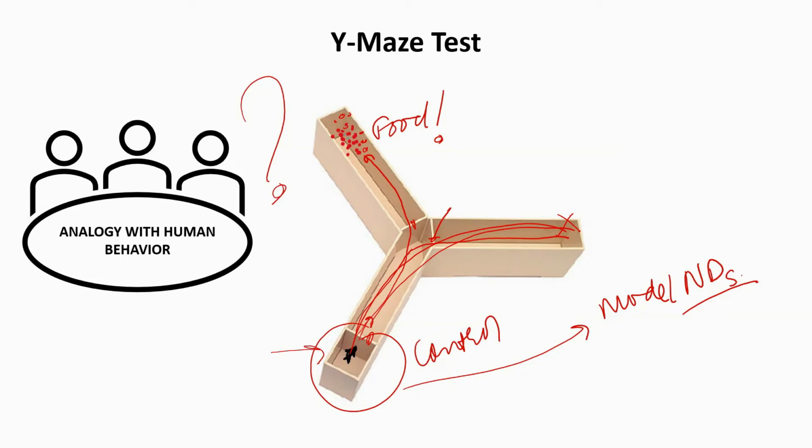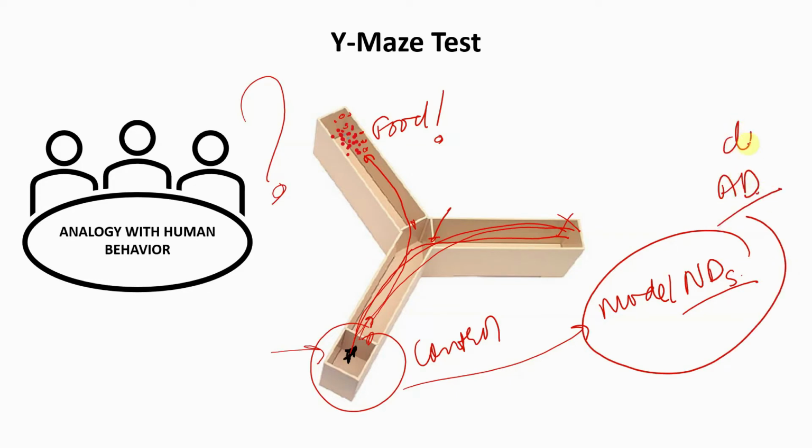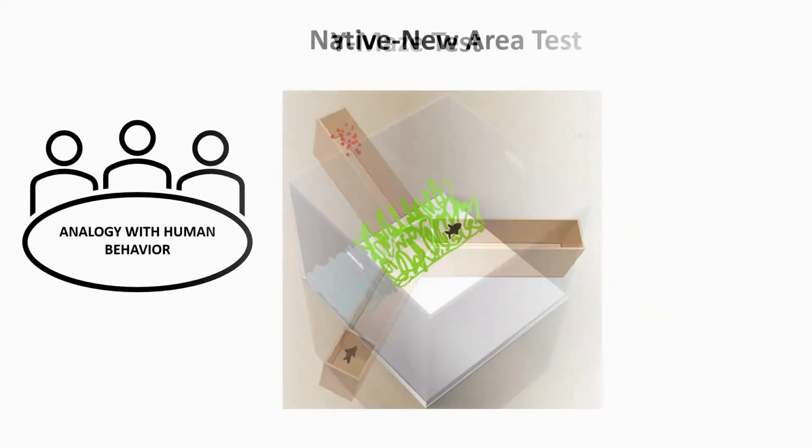But once somebody starts having dementic symptoms, they tend to forget things. So this is how this maze test gives us an analogy with dementia in human subjects. While you are making a model for, let's say, Alzheimer's, which talks about dementia, this is how it correlates with the dementia in humans.